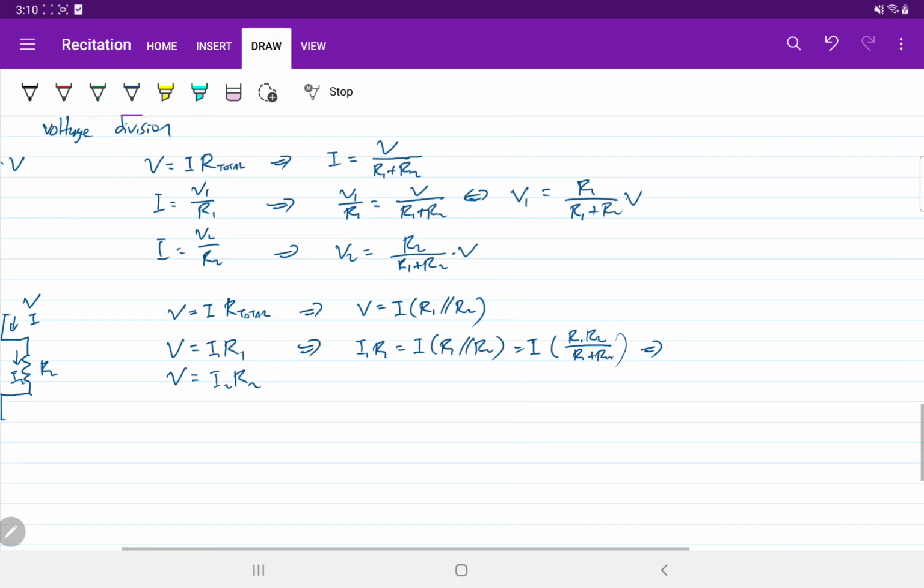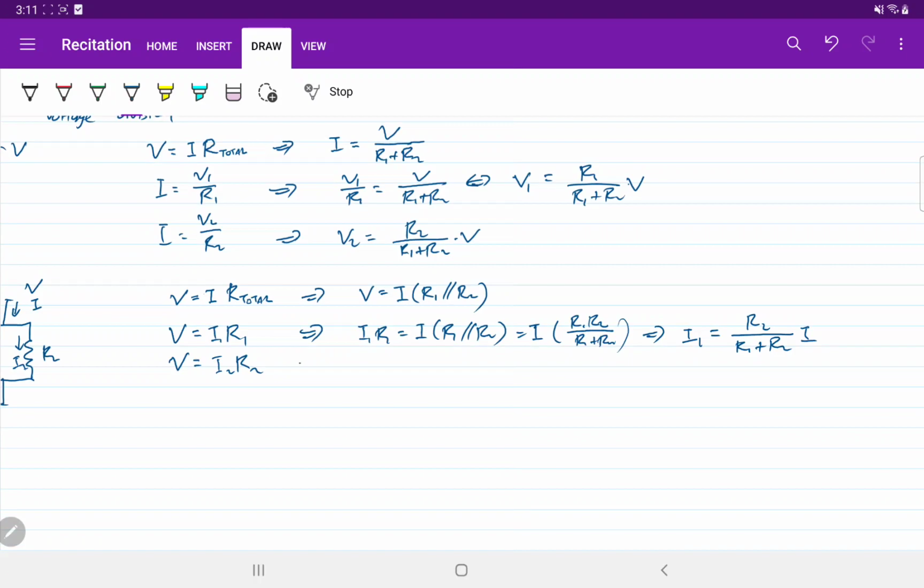Therefore, what is I1? I1 is R2 over R1 plus R2 times the total current.